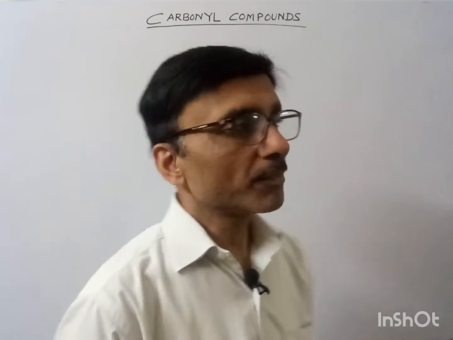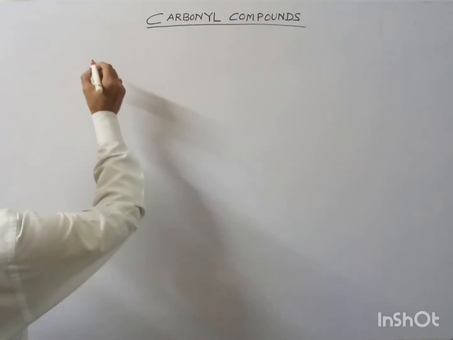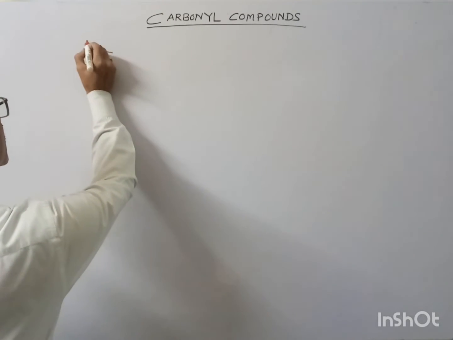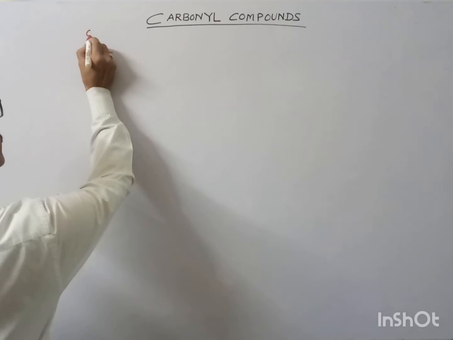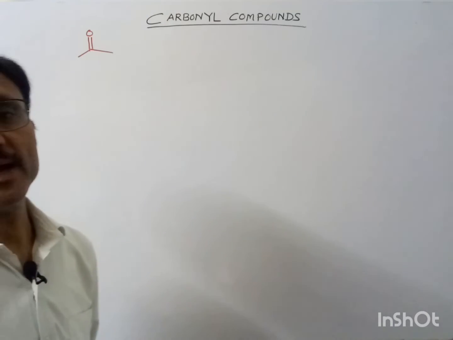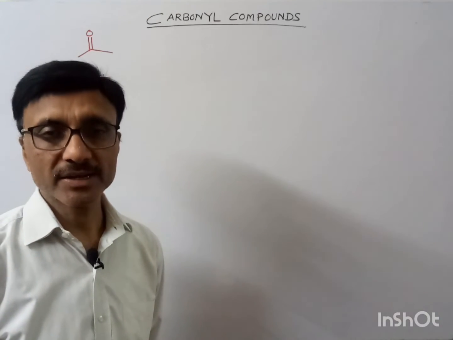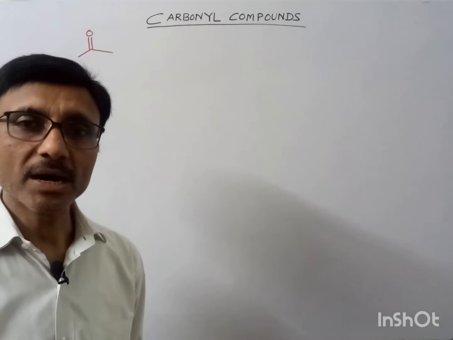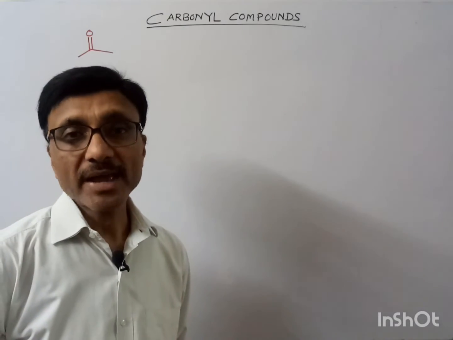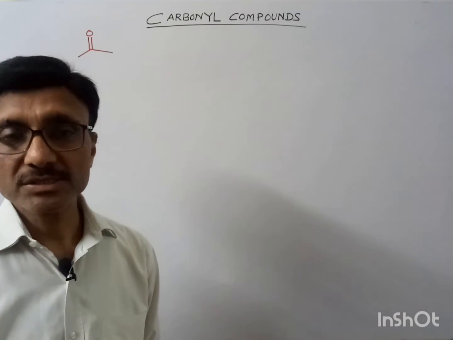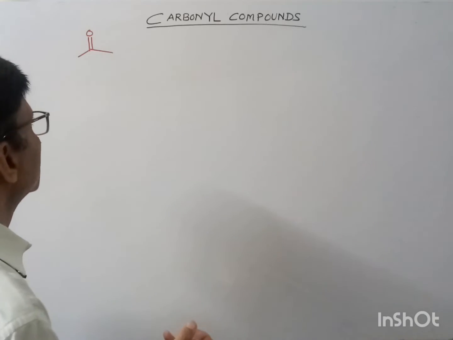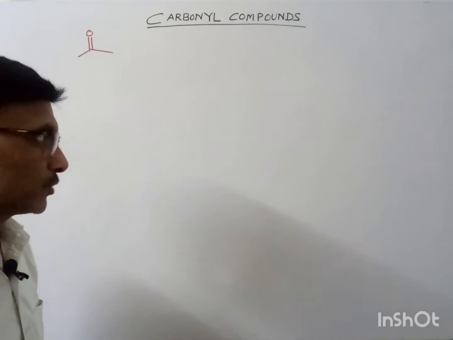Now this carbonyl compound, all of you know, is one of the functional groups, and it can be written like this. This functional group you can find in an aldehyde, a ketone, an acid, an amide, a dicarbonyl compound, and esters. All of these contain the carbonyl as a functional group.